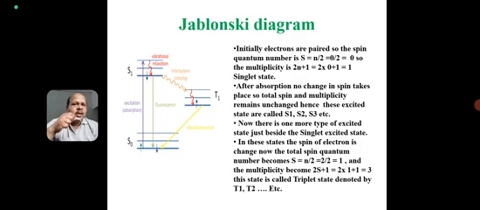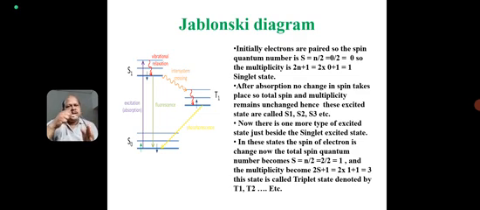So still the total spin quantum number is plus half and minus half, equal to 0, and the spin multiplicity remains 1. All these excited states are called singlet excited states, S1, S2, S3, etc.